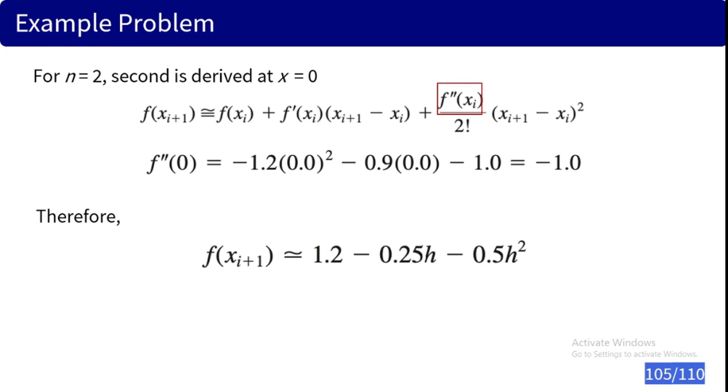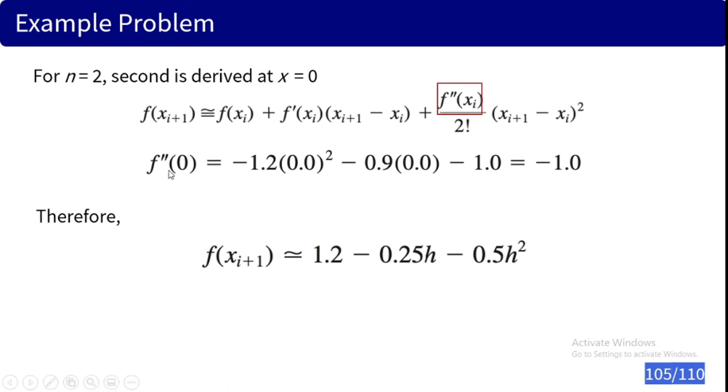So next is that by second order approximation, the value of f of x sub i plus 1 is approximately equal to 1.2 minus 0.25h minus 0.5h squared. Nga naman, 0.5 no? Okay.